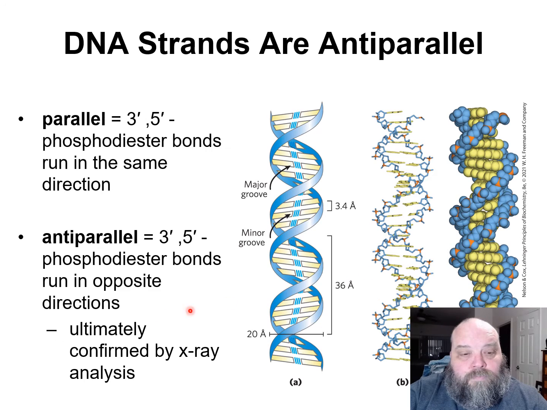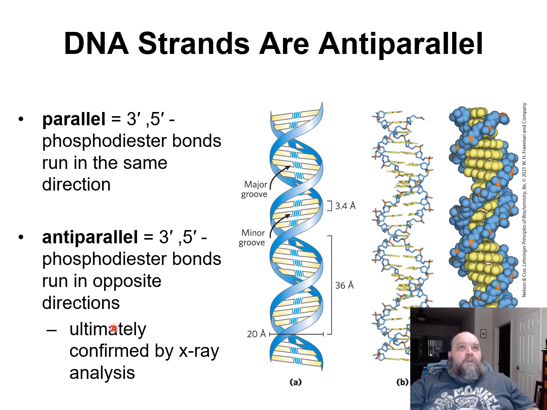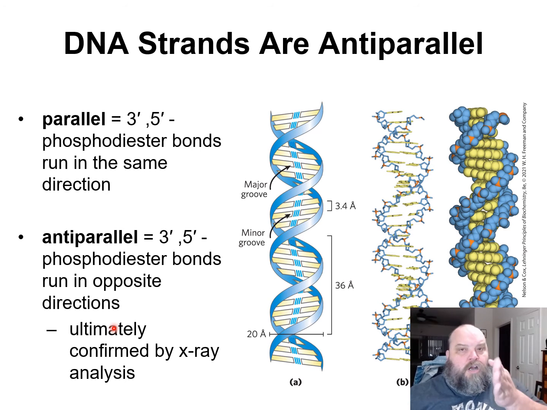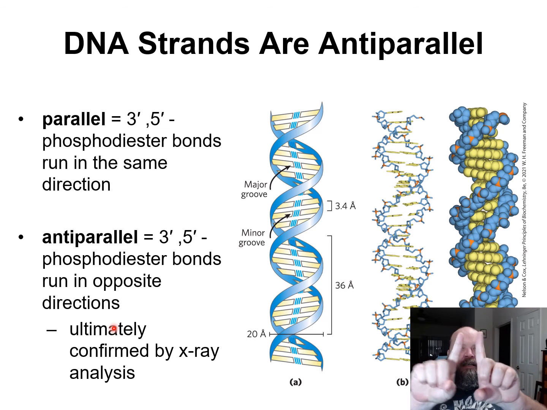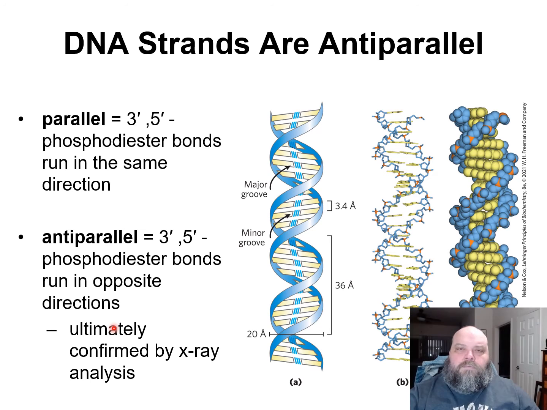If they were parallel, which some labs were trying, at the same time as, between Chargaff and Watson and Crick. So we're talking mid 40s to Watson and Crick in the late 50s, I think it was. They were trying to say it's parallel, and it just never worked.